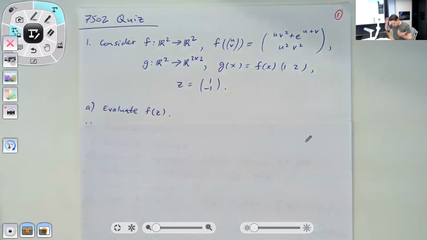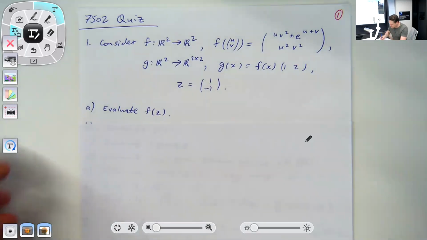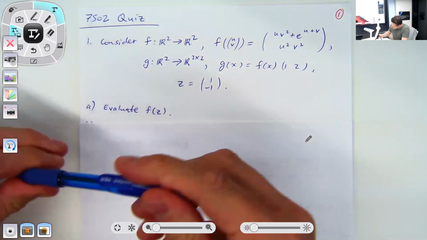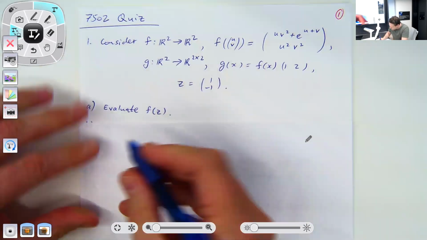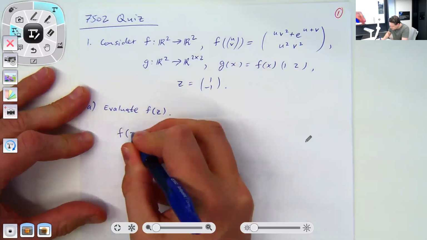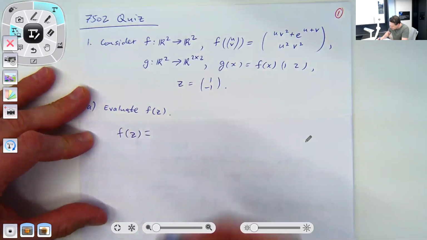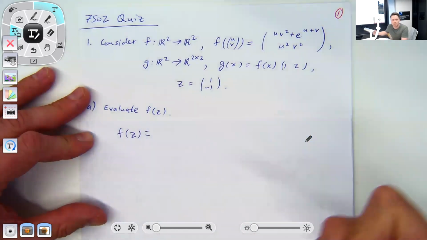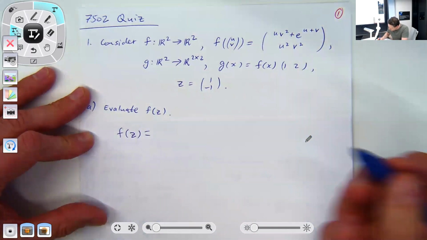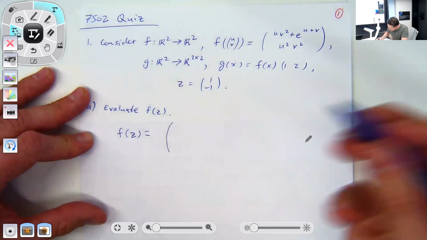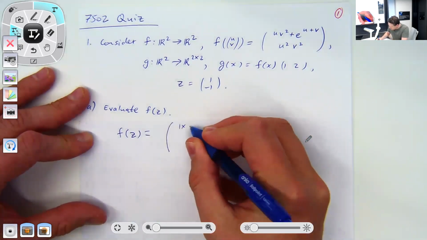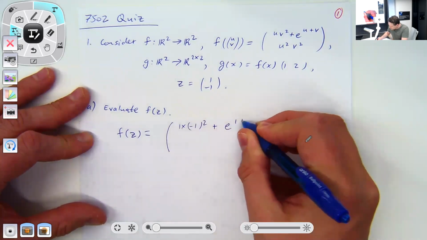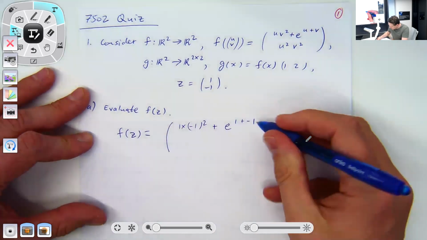Well, this is easy, all right, but I'll begin to do that. So f of z, hang on, let's make sure my pen's in good order. Okay, f of z is equal to, now we're just substituting in the values 1 and minus 1 into the function there. So we've got 1 times (minus 1) squared plus e to the power of 1 plus minus 1 in the first entry.